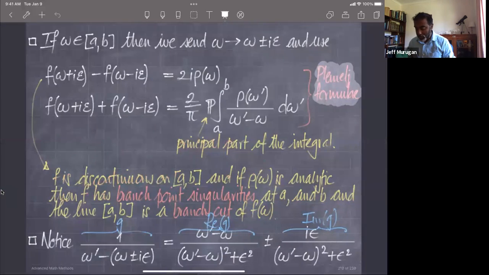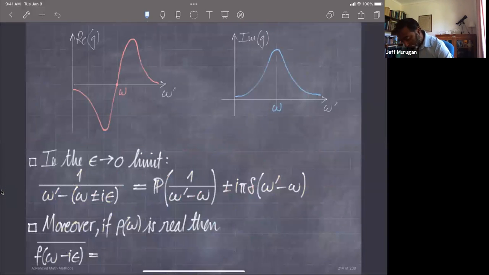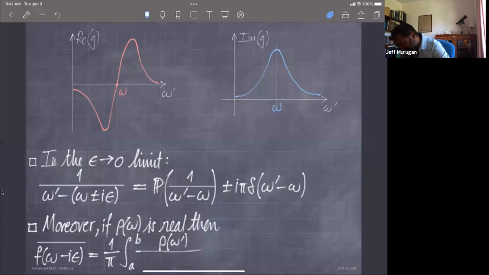And so this tells me that this complex conjugation is going to give me 1 over pi times the integral from a to b of rho of omega prime divided by omega prime minus omega, and remember I change i to minus i, or in this case, minus i to i, and then integrate with respect to omega prime.